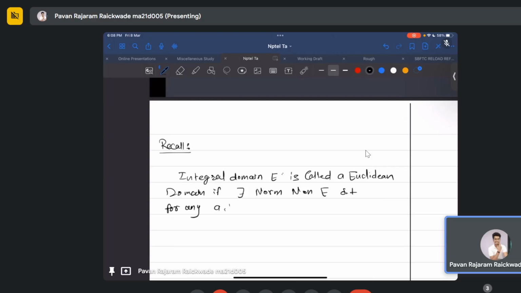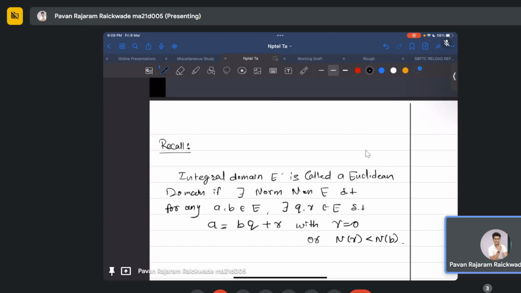for any A and B belonging to E, there exist some Q and R belonging to E such that you can divide by B: A equals BQ plus R, with R either 0 or n of R strictly less than n of B. So you have something like Euclidean division with respect to this norm n.